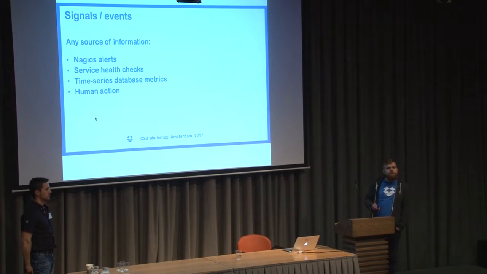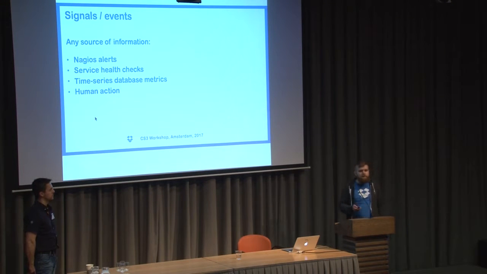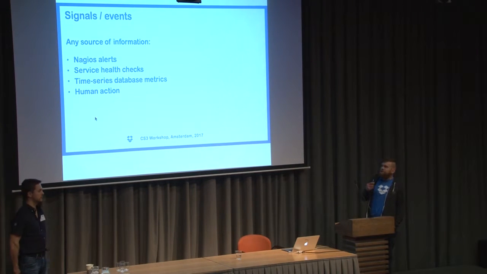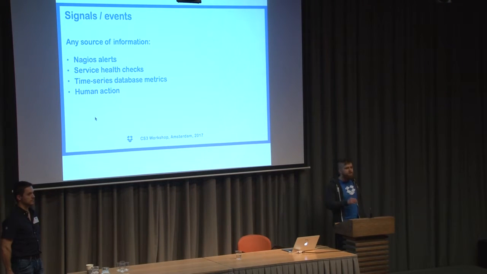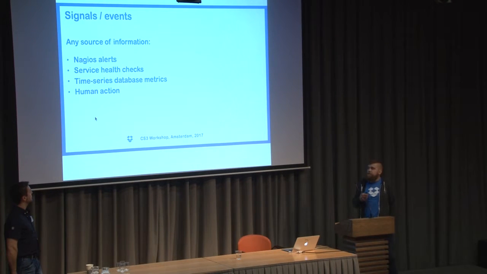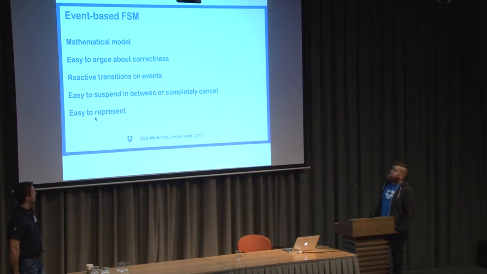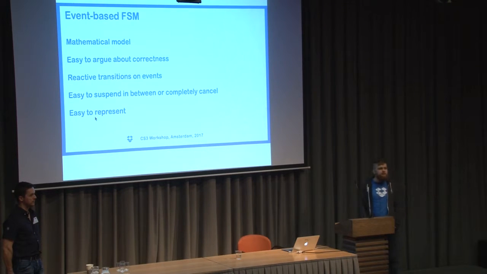And based on these metrics, we can create a signal that something is wrong, and we can react on that. Another source of signal is actually human action, because sometimes, yes, it's amazing to have full automation, but sometimes we still want to have control on what is happening in the system, and we have human actions as a source of event.